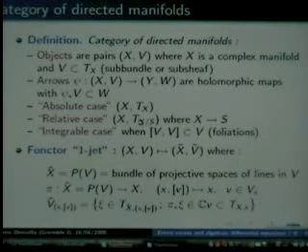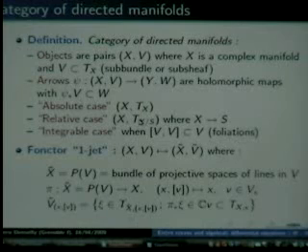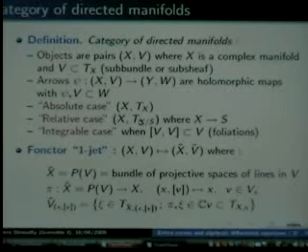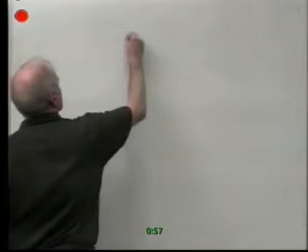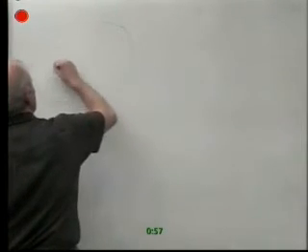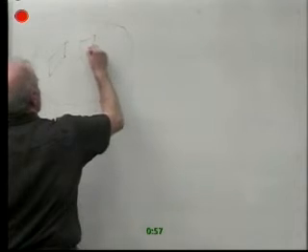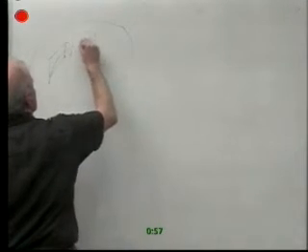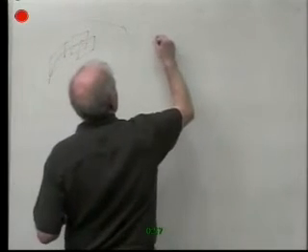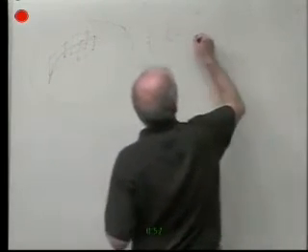And then there is a functor. The functor is the one-jet functor. So again, it's very easy. So suppose you have such a distribution of subspaces, and then suppose you have a curve which is tangent to this distribution. Okay, so you have a curve which is tangent to V.